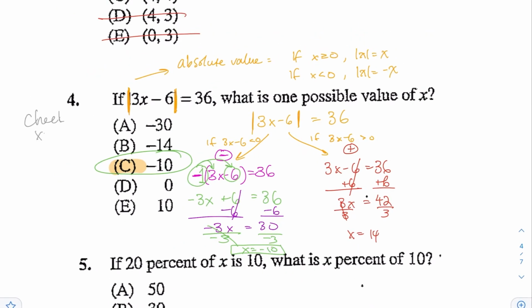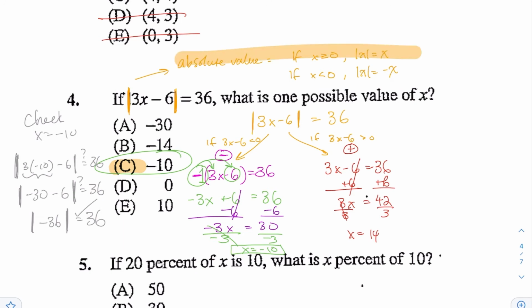If x is equal to -10, then the absolute value of 3 times -10 minus 6 should be equal to 36. And 3 times -10 is equal to -30. And -30 minus 6 will give you the absolute value of -36, which is equal to positive 36. So everything does check out.